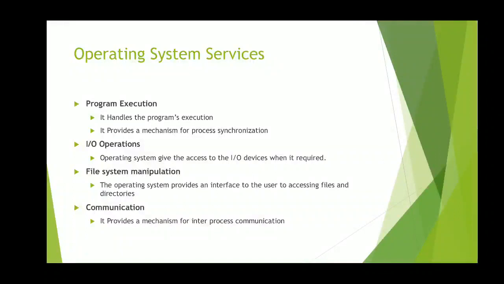The next service of the operating system is the communication services. It is a very important service given by the operating system, because there will be multiple programs or multiple applications running simultaneously. In such cases, one program may need to access another program's data, or communicate with another program. At such times the communication services take care of the communication between two processes.